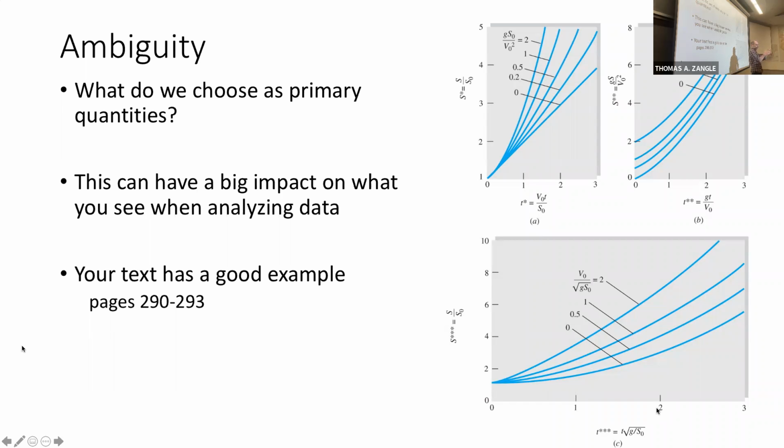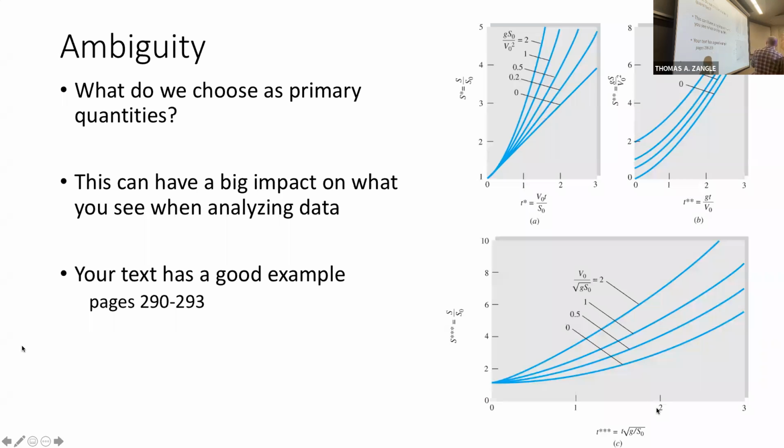We have some rules, we have some guidance, but generally there's going to be more than one choice. This is again one of those dark arts of dimensional analysis, because depending on which variables you choose, you can actually get very different pictures of what's going on within a problem.